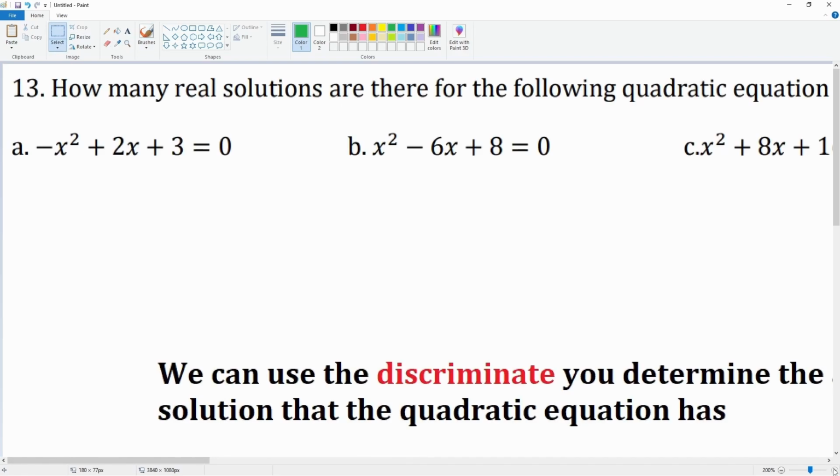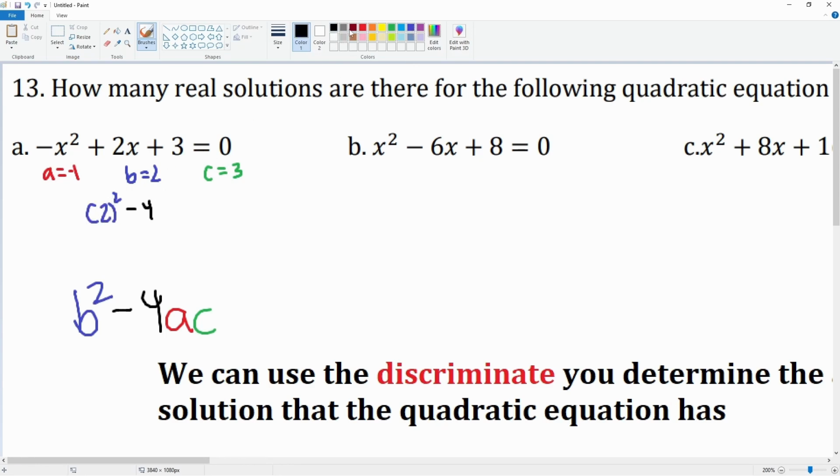Let's do each part individually here. So you need this. Okay, so let's label here. a equals -1, b is equal to 2, and c here is equal to 3. We plug this in here, right? It is 2 squared minus 4 times -1 times 3 to see what the discriminant is.